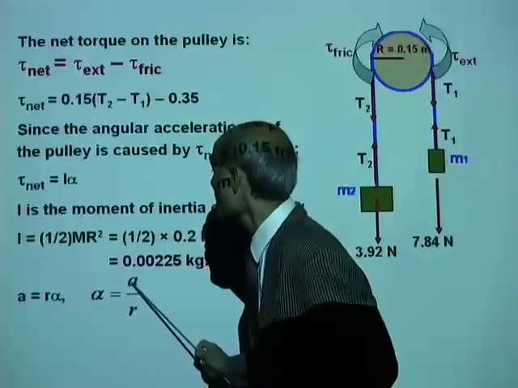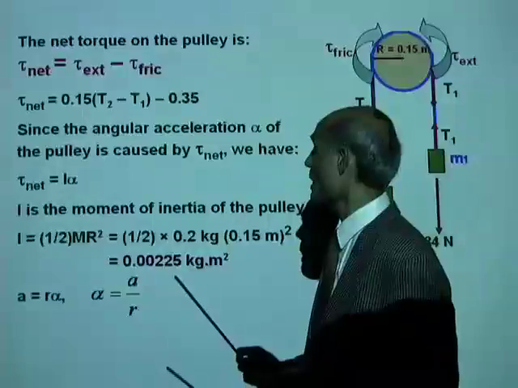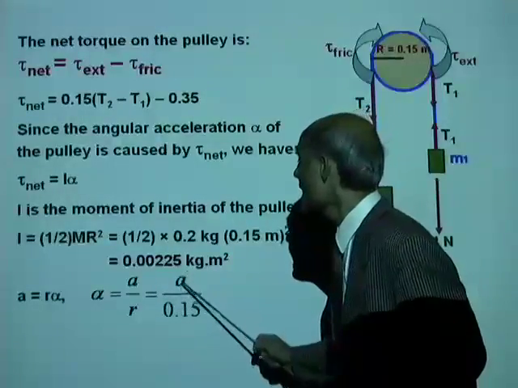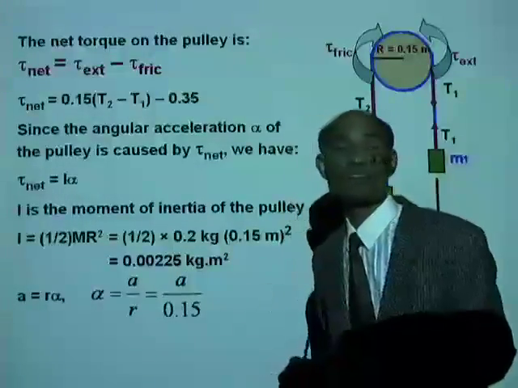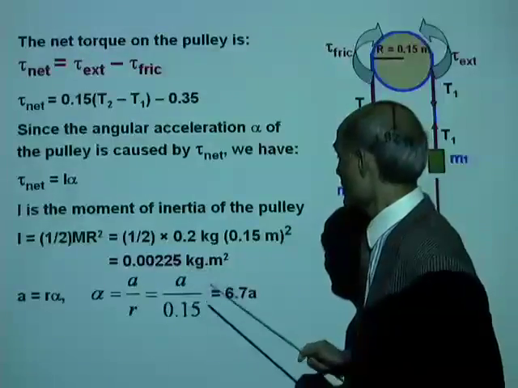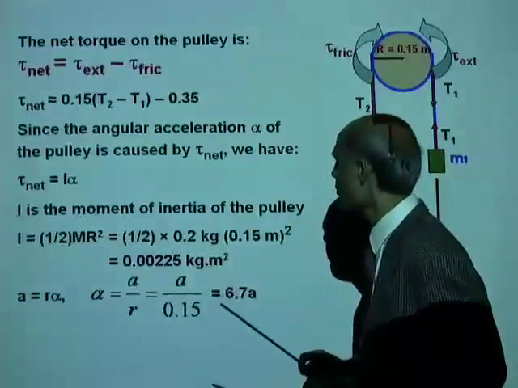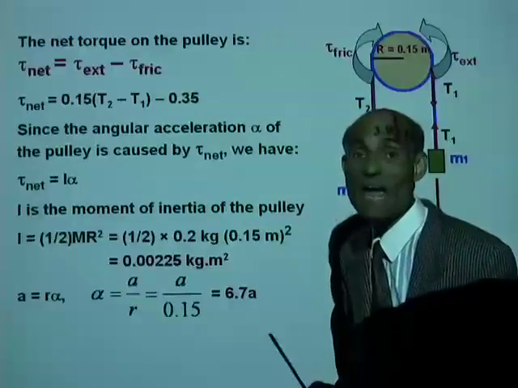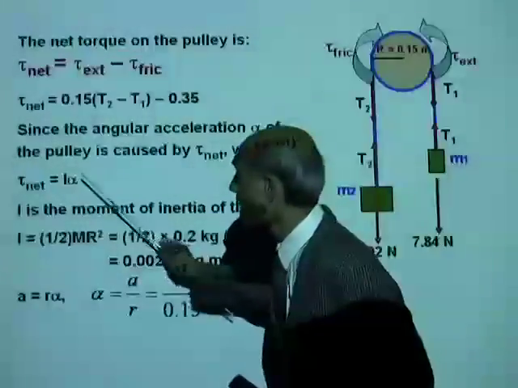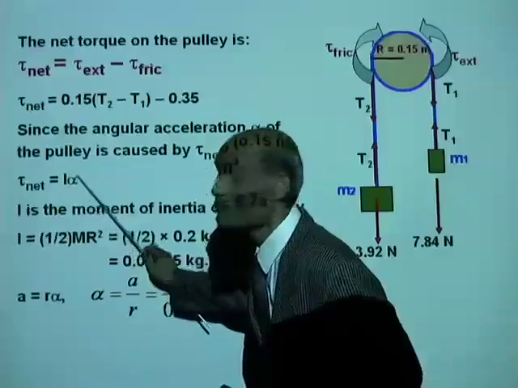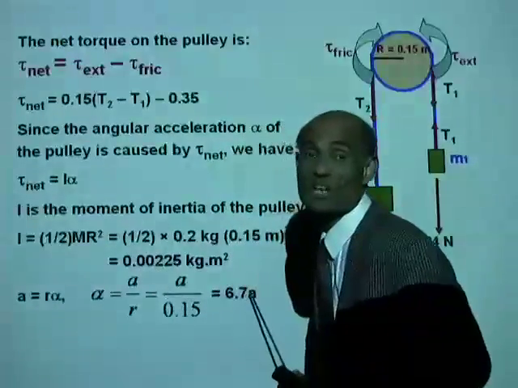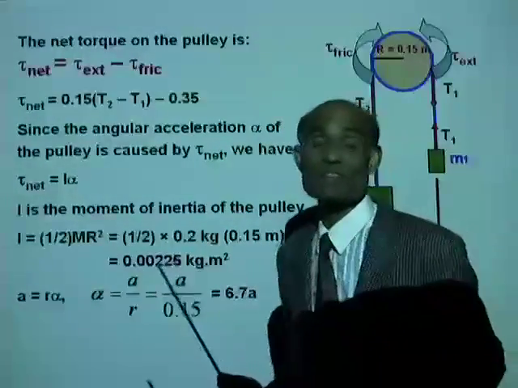So alpha equal to a over R, and that will be a over 0.15, which is 6.7 a.